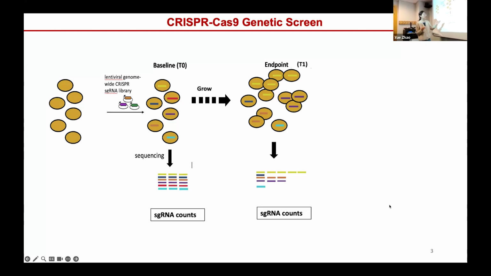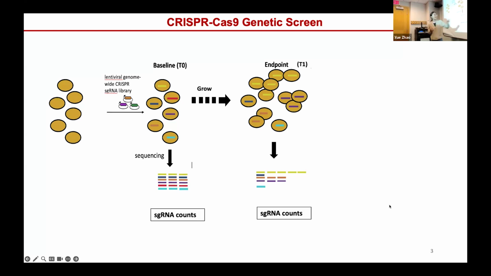If there is a reduced number of the guide RNA, like in the dark blue and light blue cases here, that means those cells were reduced, or they died after knocking out the gene that this guide RNA targeted, after cell proliferation. That means in the normal case, the targeted gene is an essential gene for the cell to grow, because knocking out this gene, the cell will die.